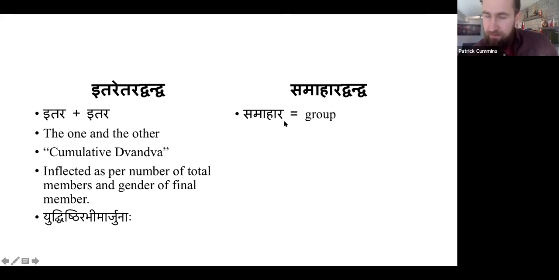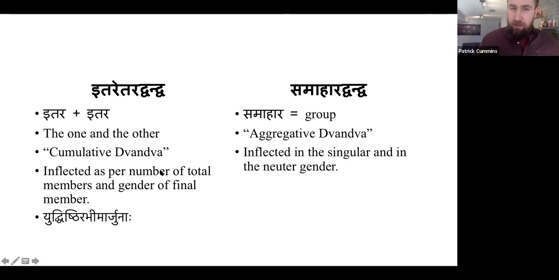So it's referred to as the aggregative dvandva. And in contrast to the itaretara dvandva, it's always inflected in the singular, regardless of how many members make it up, and regardless of the actual gender of the constituent members, it's always in the neuter.